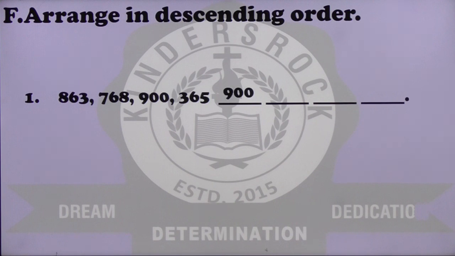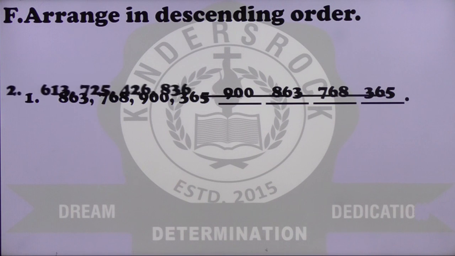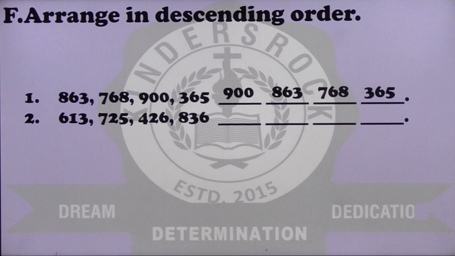And after that, 863. After that comes 768. And then comes 365. So, for the rest of the numbers, you will have to go from the biggest number to the smallest. There we go. 613, 725, 426 and 836.